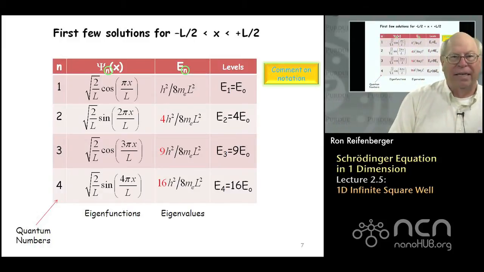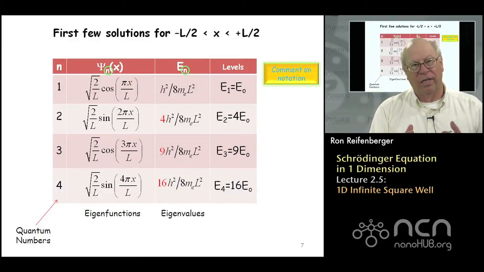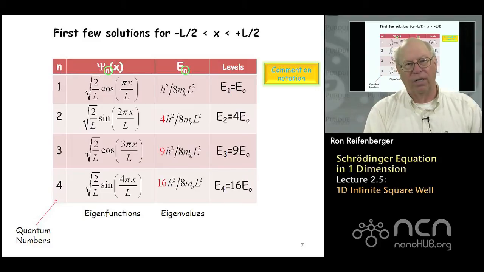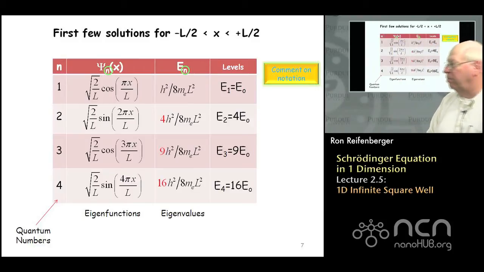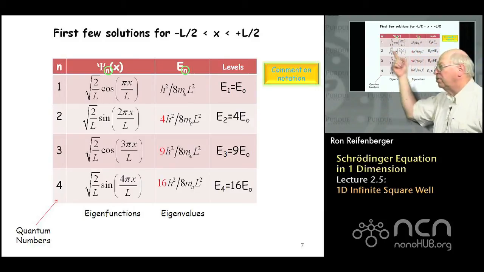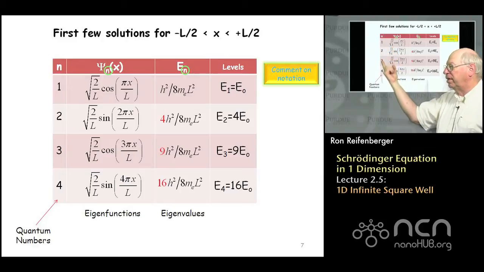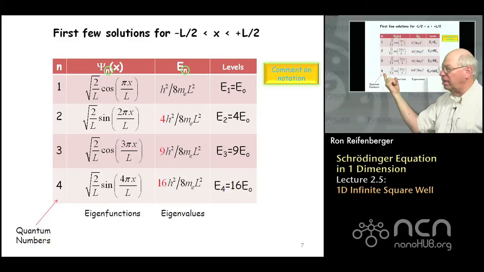We can start to make tables of these solutions because there are multiple solutions to Schrödinger's equation, right? Each solution is often labeled by the quantum number n. This is the integer value of n that basically quantizes the allowed k value of the particle in the well. This is the eigenfunction that then satisfies Schrödinger's equation for the particular quantum number n.